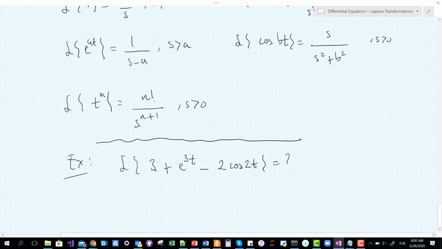Yes, I know the individual functions' Laplace transformations, but when I add them, I still don't know how to solve it. I can use the integral feature, yes, to create a rule for this one, and Laplace will satisfy that rule, and we're going to call that rule, guys, linearity of Laplace transformation.